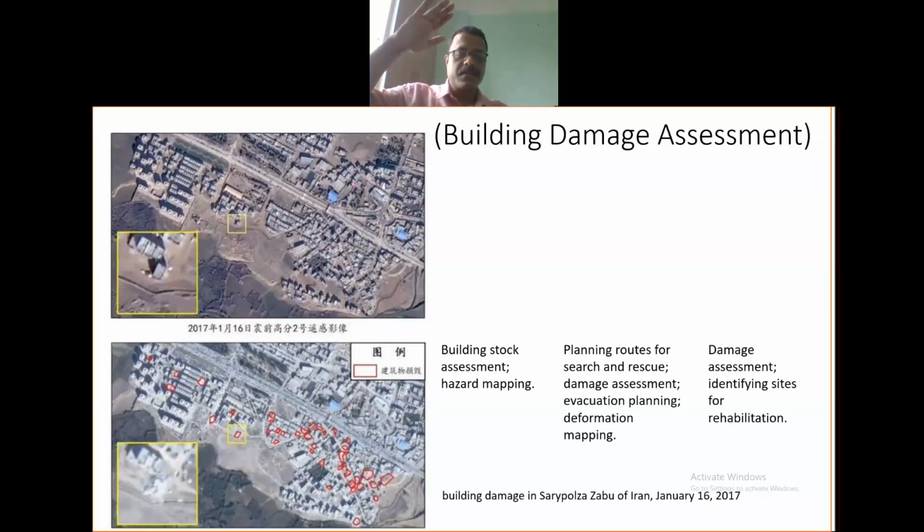Or if the building has really structurally collapsed in a pancake kind of collapse, a classical example is the 9/11 terrorist attack, when the building gave way and all the floors collapsed like this. So all this kind of categorization can be done with these high resolution satellite images. Okay.